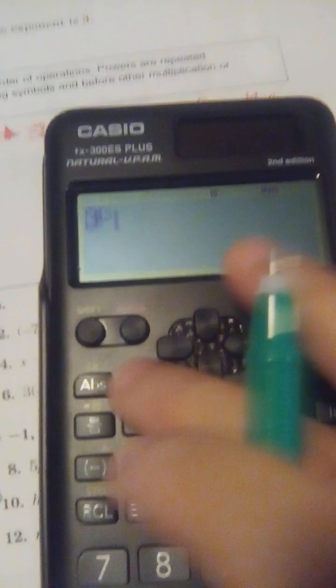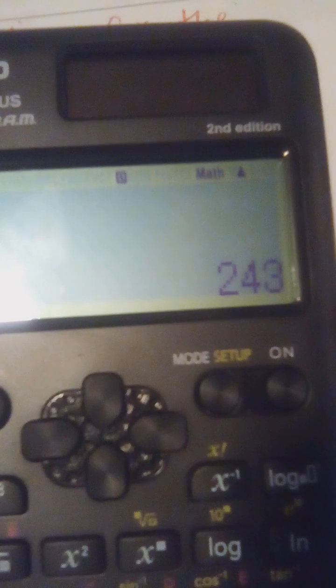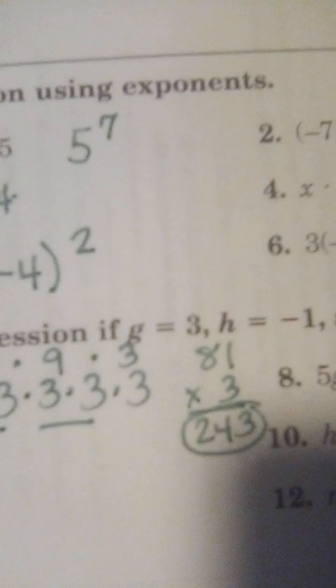Let's double check. 243. Does it match? Yes. So that is our final answer.